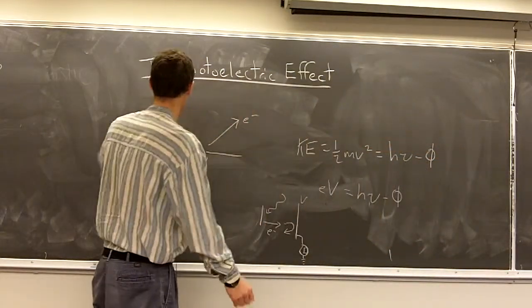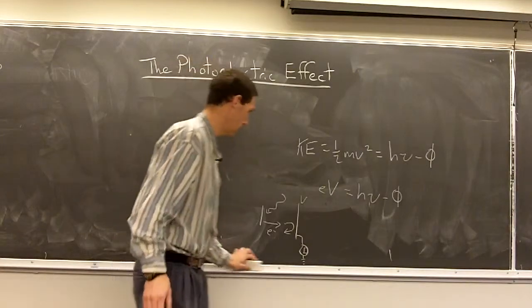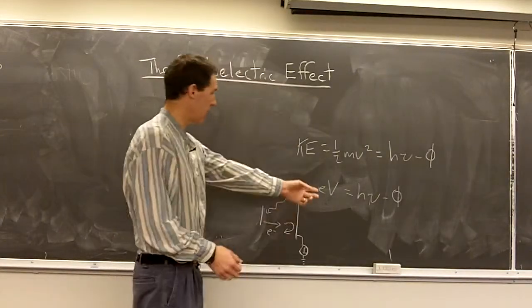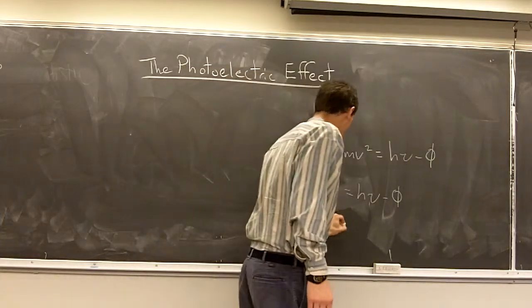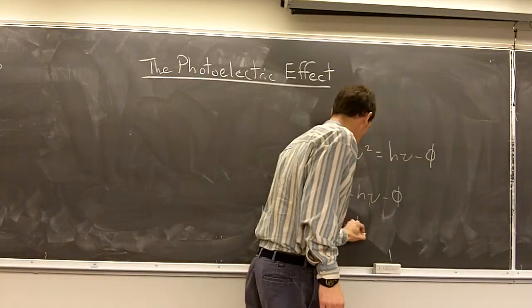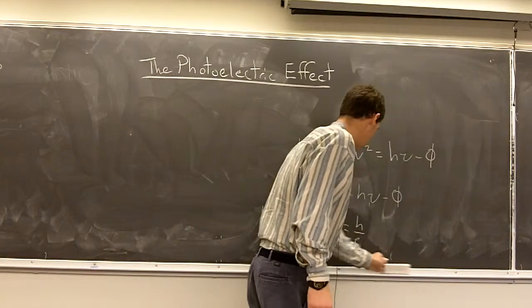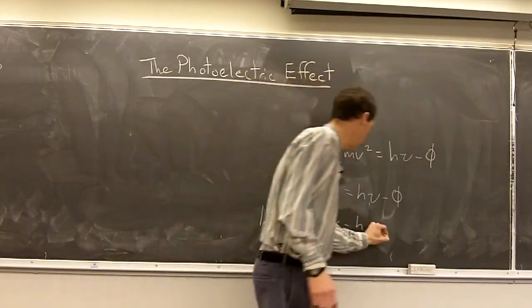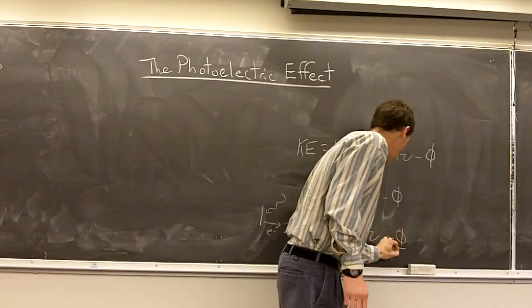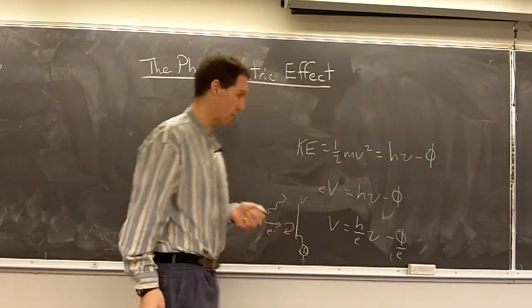So analysis of this is fairly straightforward. If you just divide both sides by e, which is the charge on the electron, you get the stopping voltage is Planck's constant over the charge on the electron times the frequency, minus the work function over the charge on the electron.